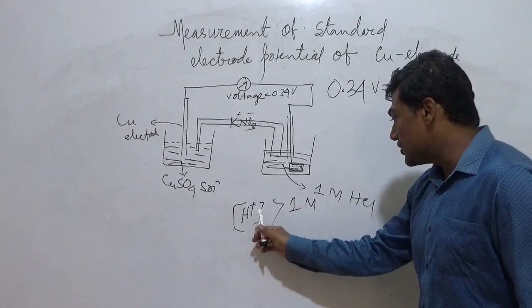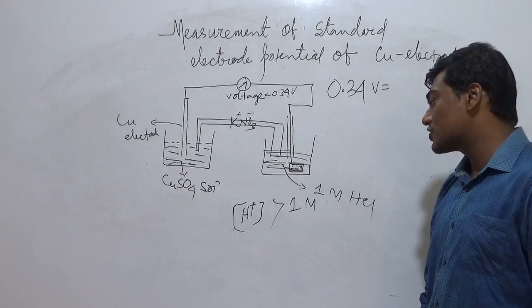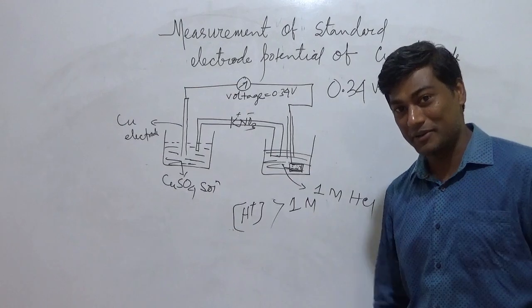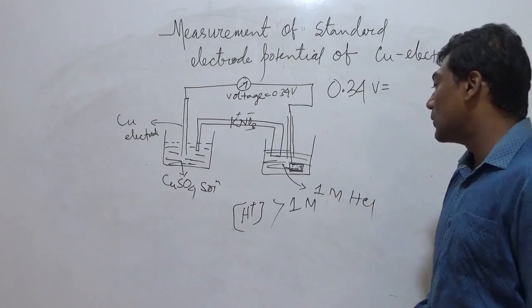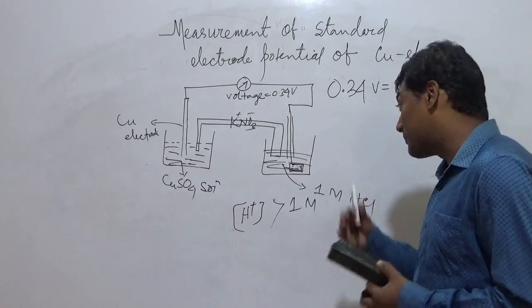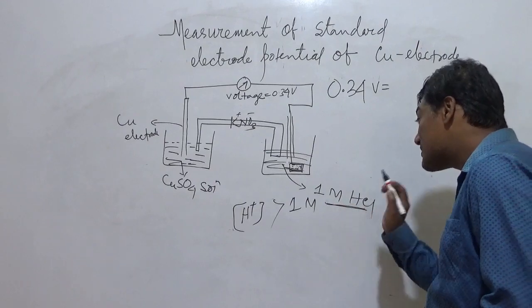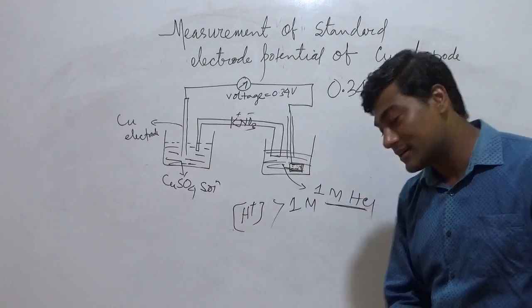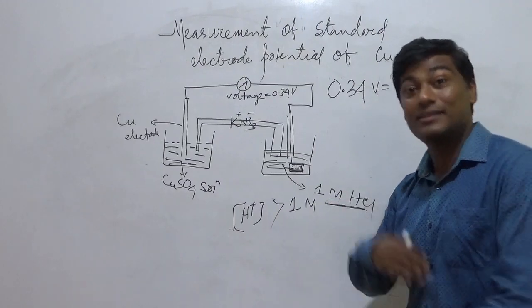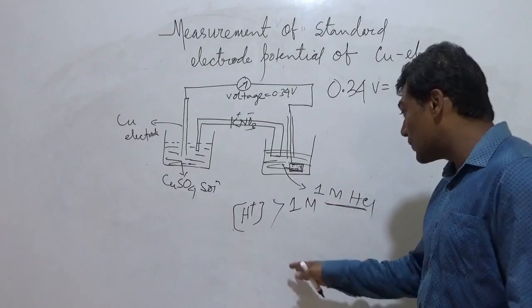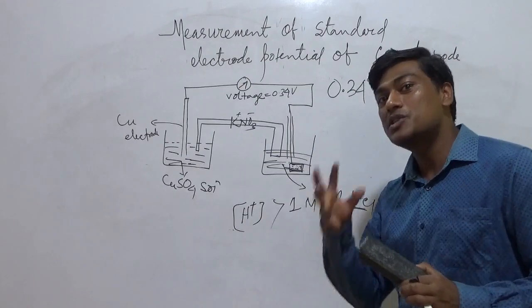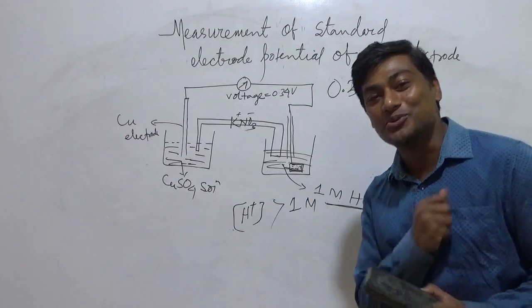Previously we had taken only 1 molar concentration of hydrochloric acid, but it is now greater than that. So it is clear that hydrogen ion is being produced.